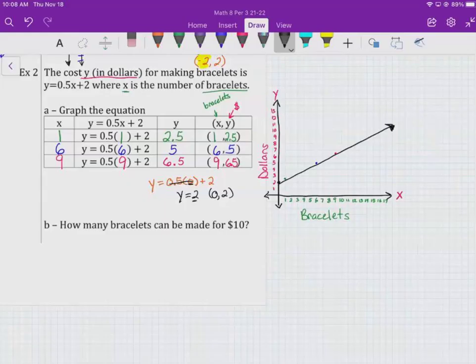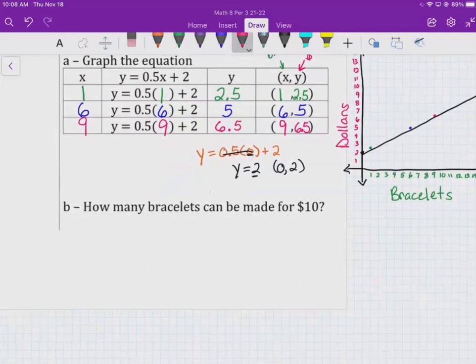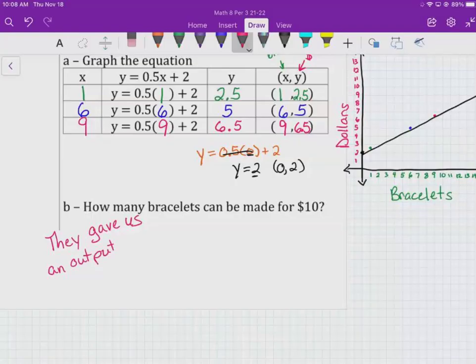Okay, hold on. How are we going to figure out the other side? On this one, instead of giving us how many bracelets we made, they gave us an output. These are words you need to learn: input, output. And we found an input, at least we will find it in a moment.